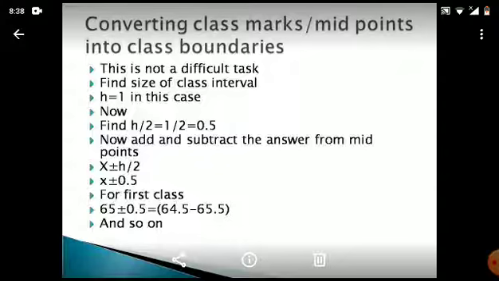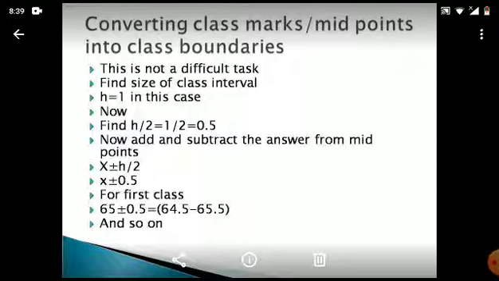What I have to do, I will subtract 0.5 from 65 and I will get the answer 64.5. In the same manner, I will add 0.5 to 65, I will get the answer 65.5. And these two limits, 64.5 to 65.5, will be your class boundaries for the first class.